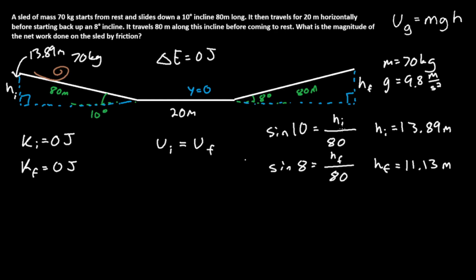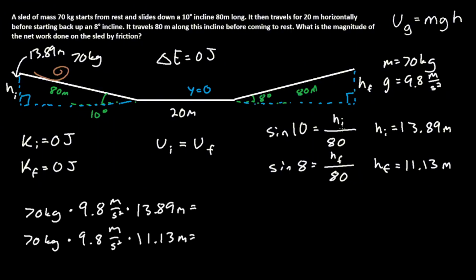So now that we have the two heights, we can calculate the initial and final gravitational potential energies. So I've set up the formula of your mass, gravity, and height here. This is how you calculate gravitational potential energy. This is for your initial height, and this is for your final height.